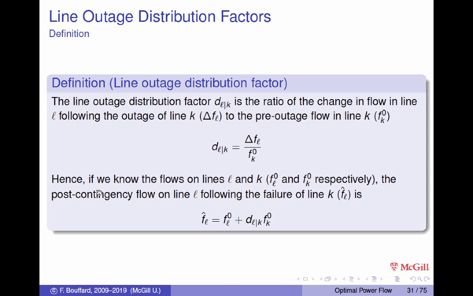The use for this is that if we know the flows on the lines L and K in the pre-outage state for both lines, then the post-contingency flow on line L following the failure of line K is going to be the original flow plus the line outage distribution factor times the pre-contingency flow in line K. Most likely we already have that answer.